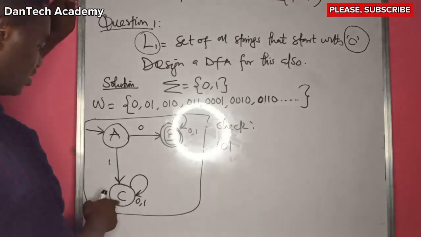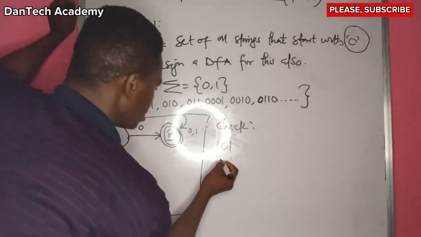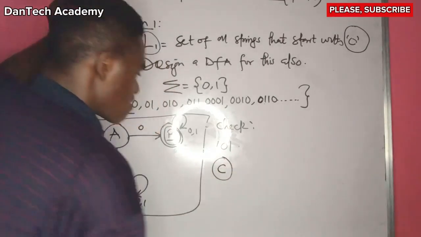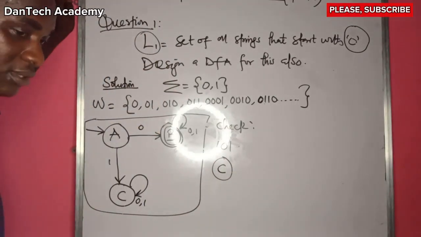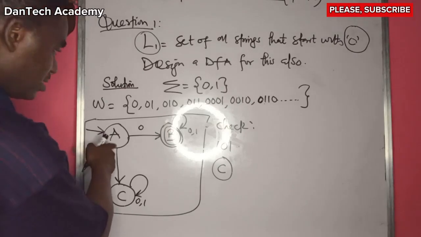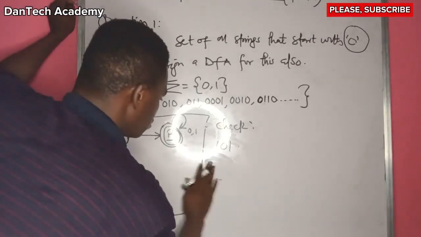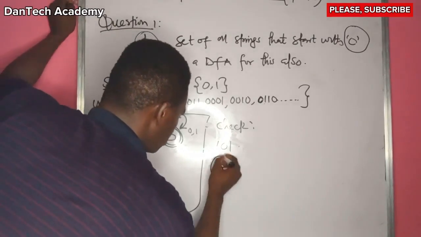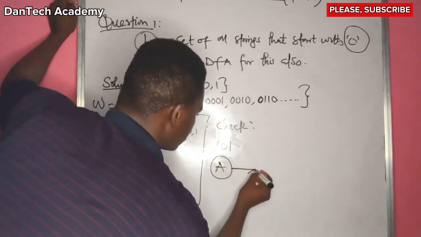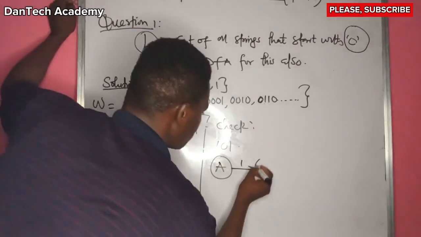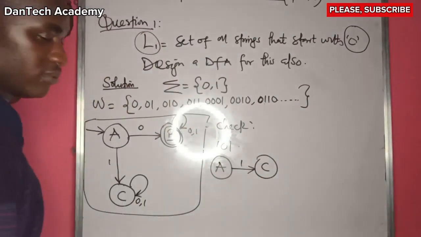If 1 enters, it goes to what? To C. Or probably, no, A, sorry. From A here, we have 1. You move to state C.